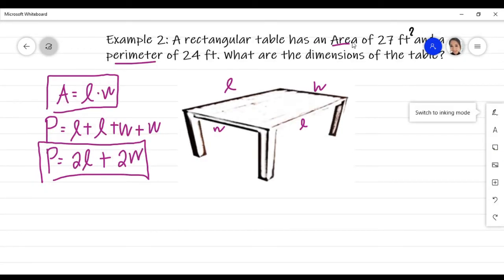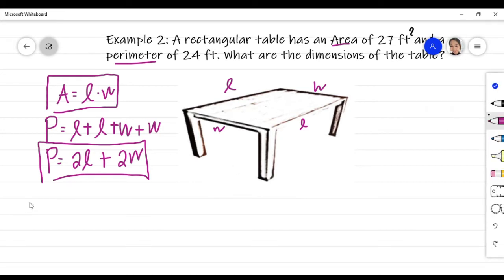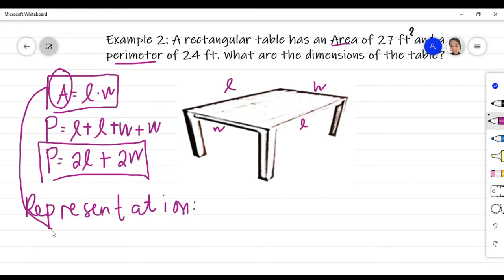So we are given with area to be 27 feet squared. So for our representation, we can replace area with 27. So area here is 27. So we can write that as L times W equals 27.